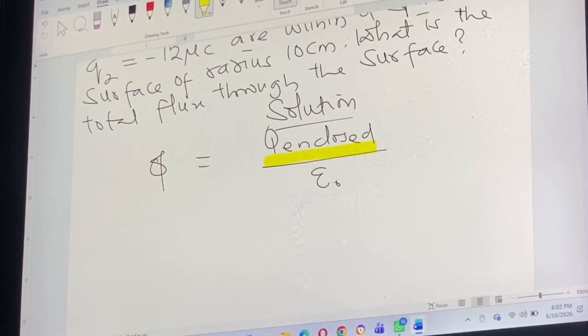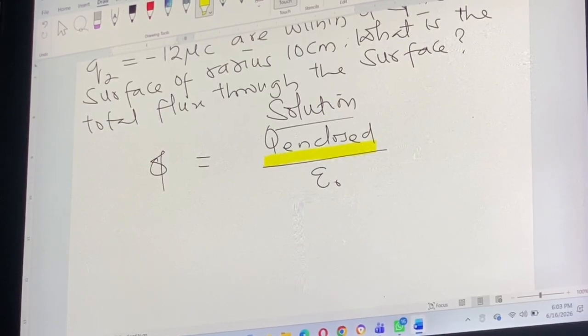Please take note. Net or total charge. If I'm giving more than two charges, the Q enclosed will be net charge. But if I'm giving only one charge, the charge there will be only enclosed charge.